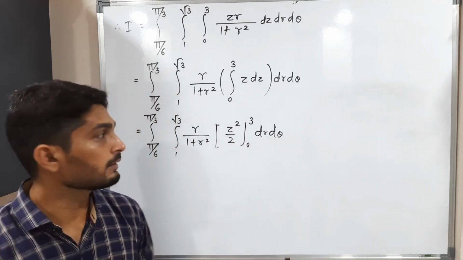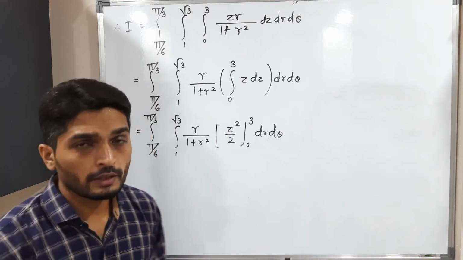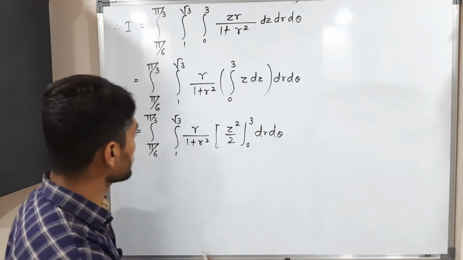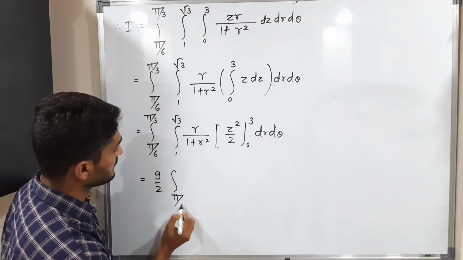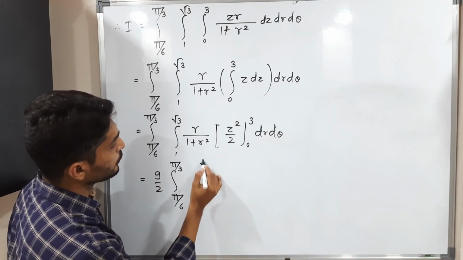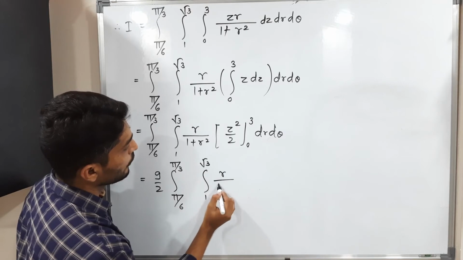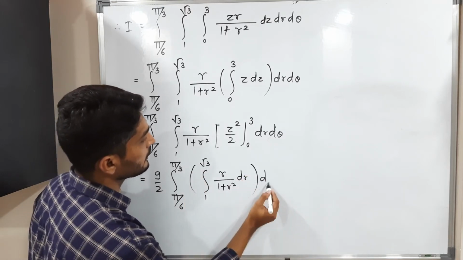If I put 3, we will have 9 by 2, correct? If I put 0, we will have 0. So 9 by 2 is a constant. We can take it outside. 9 by 2, pi by 6 to pi by 3, okay? And 1 to root 3, r upon 1 plus r square dr d theta.